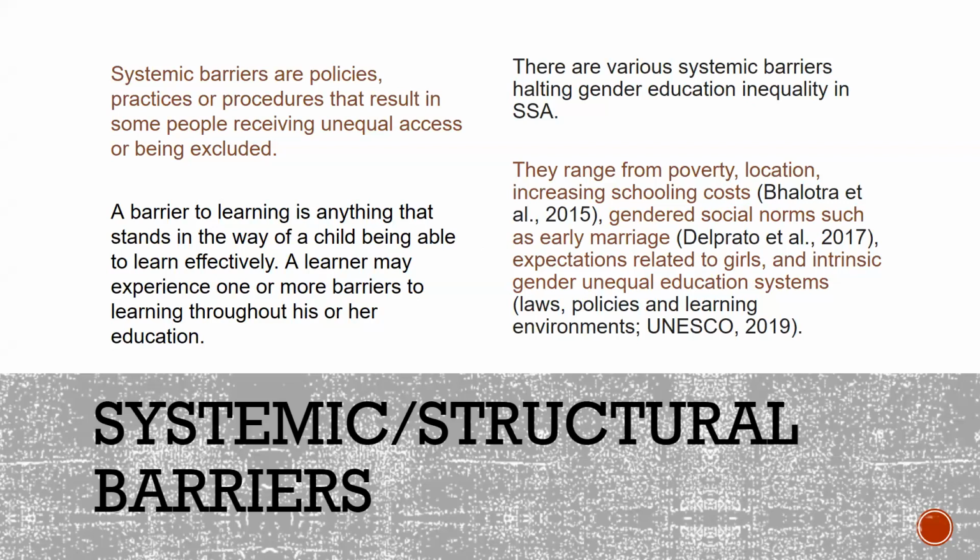Gendered social norms such as early marriage, expectations related to girls. So these are gendered expectations, right? And intrinsic gender unequal education systems, which refers to the laws we have, the policies we have, and the learning environments. Thank you. Next slide.